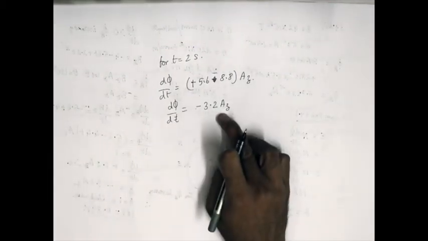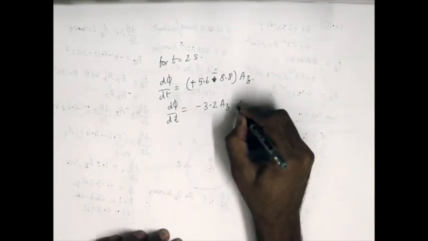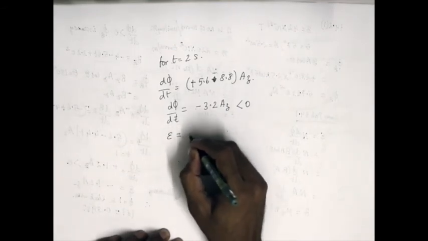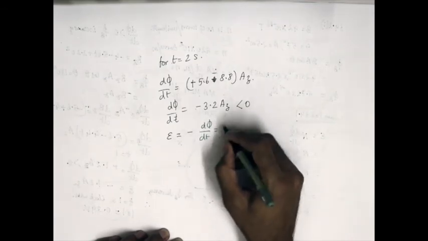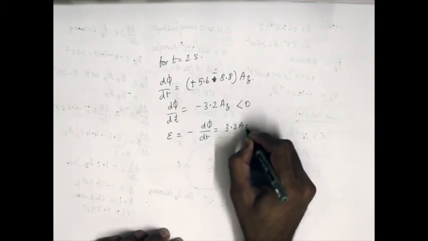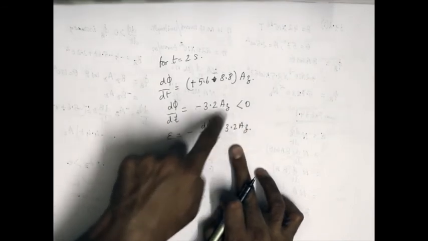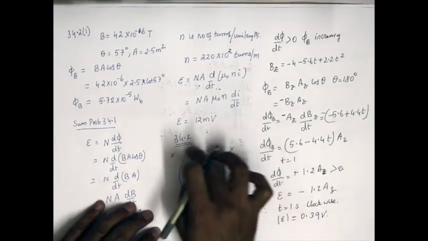Notice that since area is positive, this value is less than 0. So therefore the induced EMF is minus of d phi by dt, which is equal to 3.2 A of Z. So since this is a positive value, the assumed direction at t equal to 2 seconds is correct.